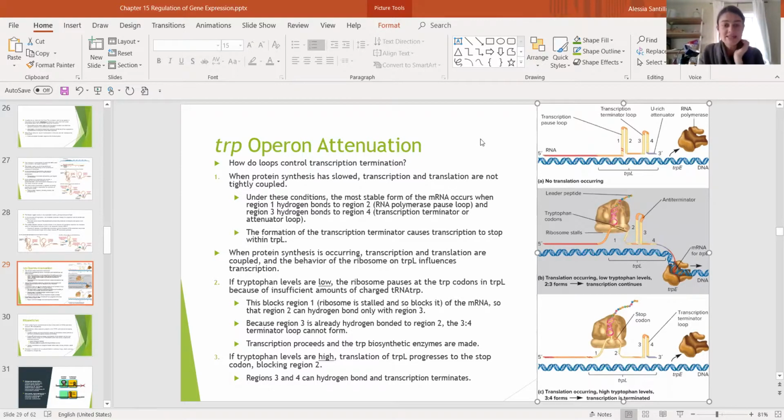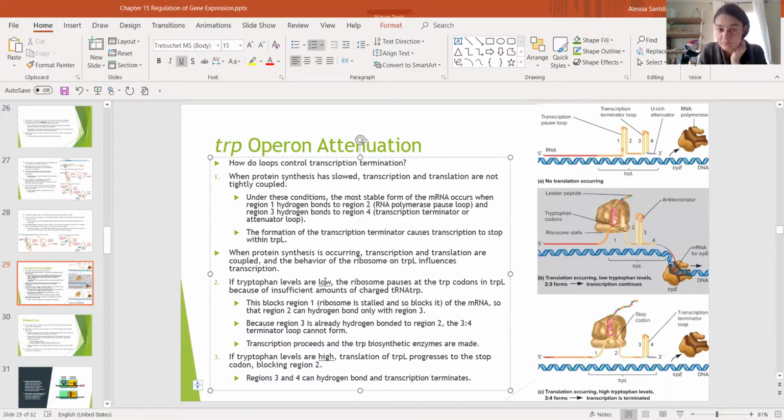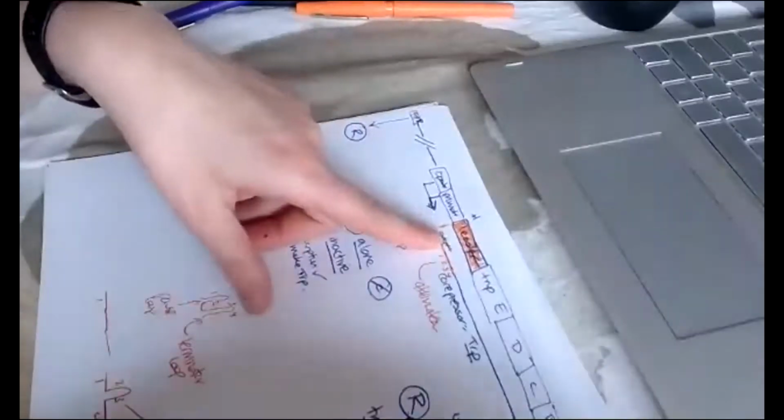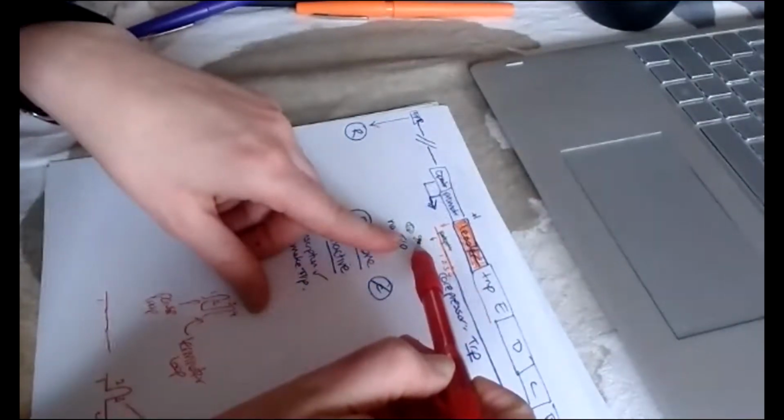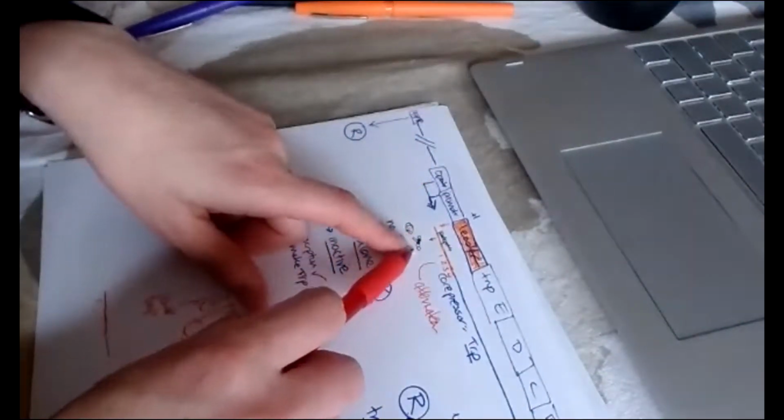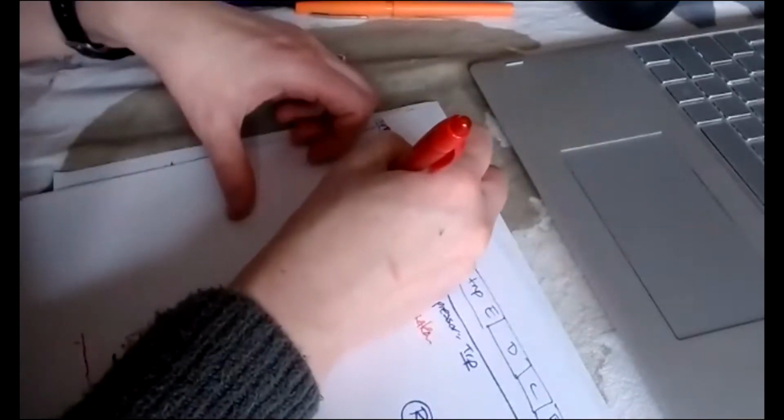So in the case that tryptophan levels are low, the ribosome pauses at the tryptophan codon, right? Do you remember how in my scenario right here, we had a leader peptide that, when it was translated, needed 2 tryptophan? But in this case there is a low tryptophan level.